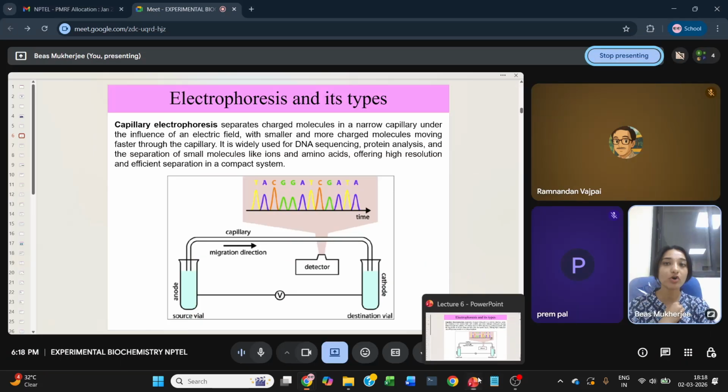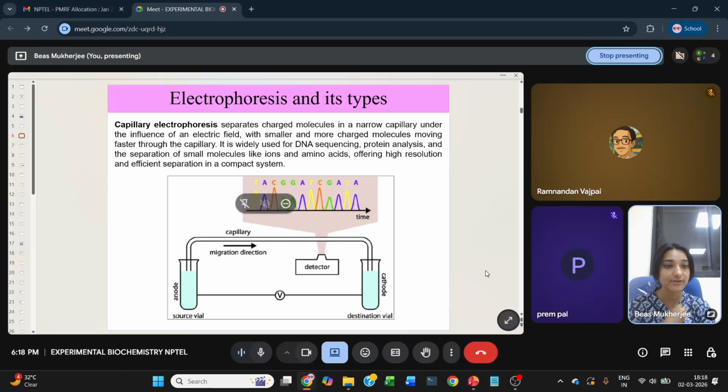Right. So we will talk about capillary electrophoresis very briefly, and then we will move on to the gel electrophoresis that we are going to discuss in detail today. In capillary electrophoresis, what happens is this separates charged molecules in a narrow capillary tube under the influence of an electric field, with smaller and more charged molecules moving faster through the capillary.